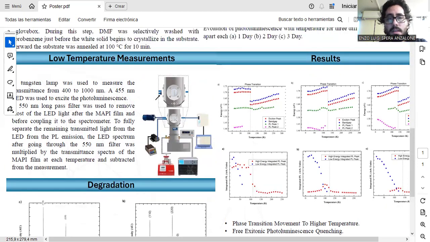We repeated the measurement 3 days, with 6 days apart each one, and we stored the samples in a low vacuum. The handling of the samples was made in a 40% relative humidity atmosphere, so the degradation due to humidity can be mitigated.